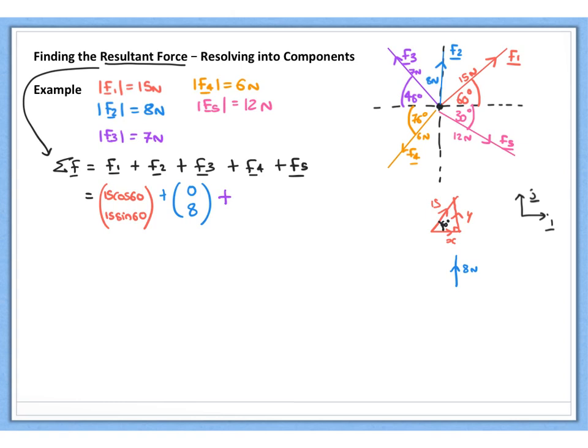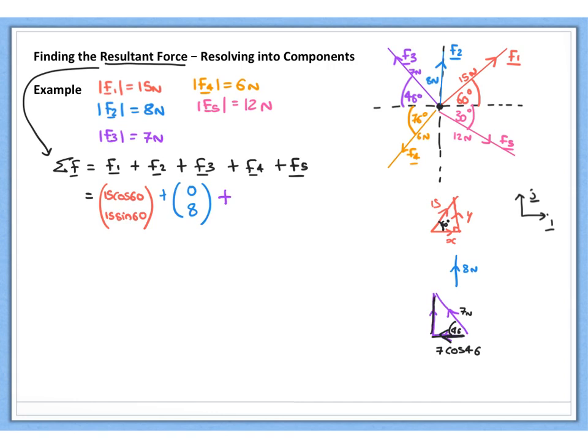Now, F3 looks like that. So it's got a horizontal component like that, and a vertical component upwards like that. Its angle is 46 degrees. So, first of all, let's label its magnitude, which is 7 newtons. This component here is a cos component as it's adjacent to the 46-degree angle, so it's 7 cos 46.